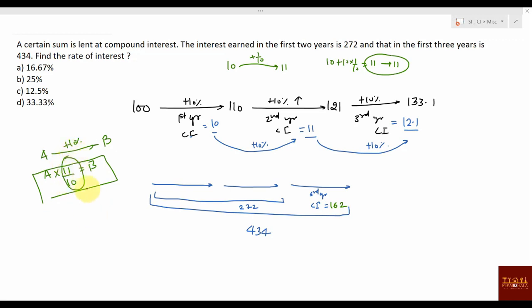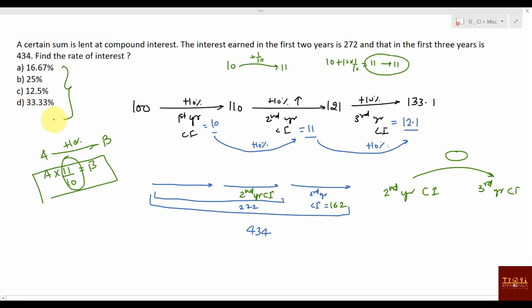Right? Whatever the second year CI will be, just understand what I am going to say. Second year CI and third year CI, what will be the increment? Whatever the increment percentage is there, that percentage only will be the rate of interest.